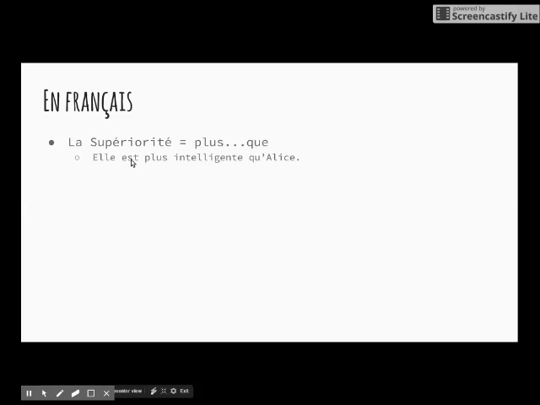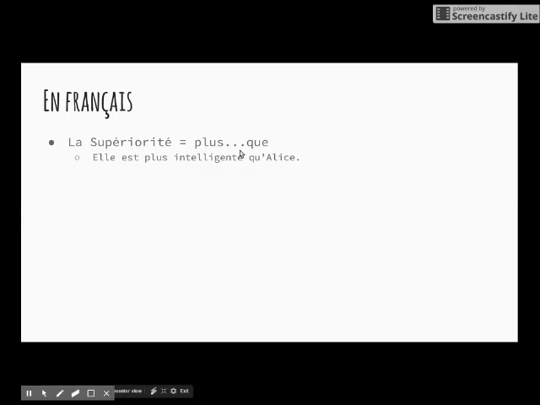Maintenant, en français. En français, la supériorité, on utilise plus, ou plus, ça dépend où en France, plus adjectif que. Elle est, voilà, on utilise être, oui, le verbe être. Elle est plus intelligente qu'Alice. On utilise plus pour la supériorité.